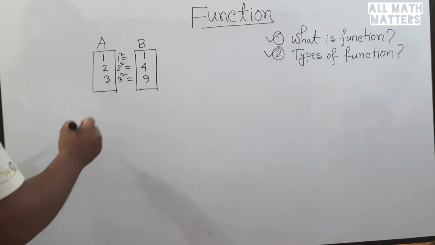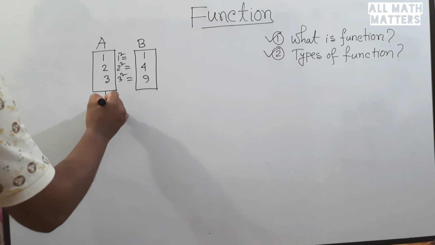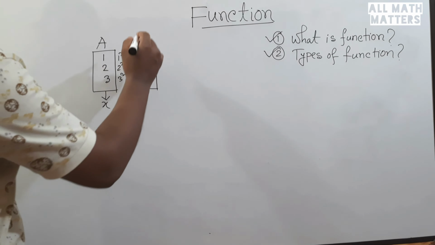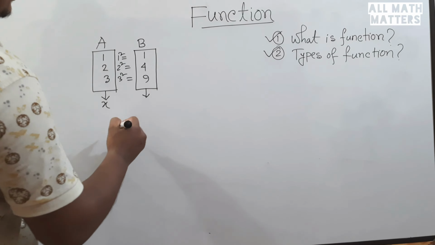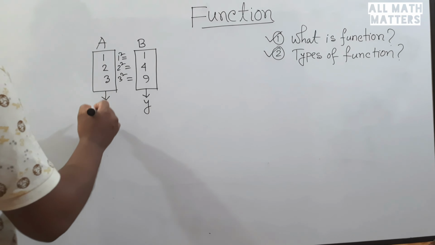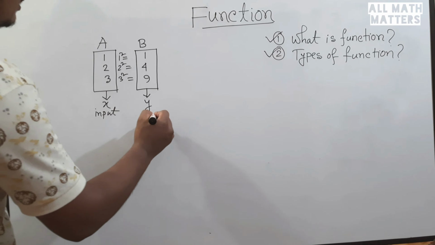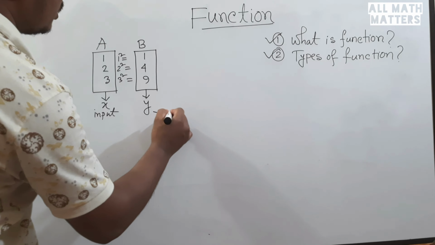What is the relation? If we consider the value of set A is x and the value of set B is y, that means x is the input and y is the output.